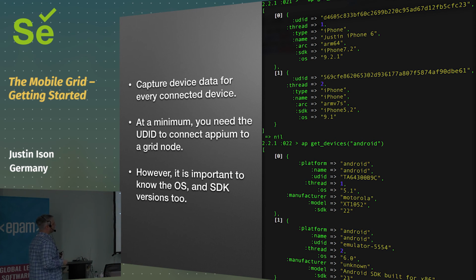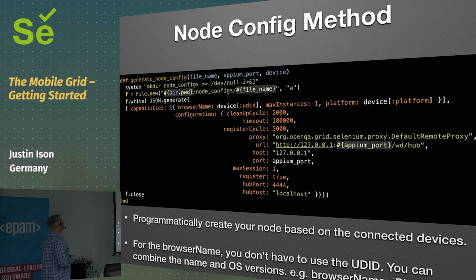So here's an example of some of the information that we capture when we connect the devices. At a minimum, you do need the UDID, but since this other information is there, you might as well grab it because it's important to know the OS version and SDK. Here's our method to generate a node config JSON file.